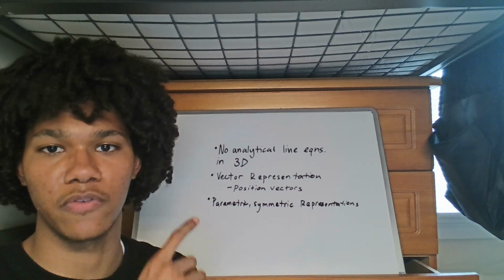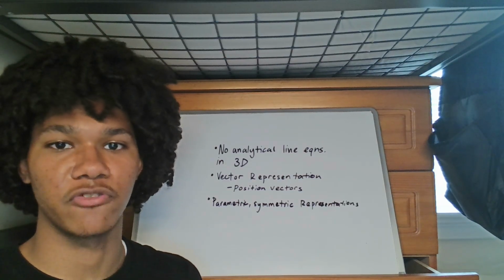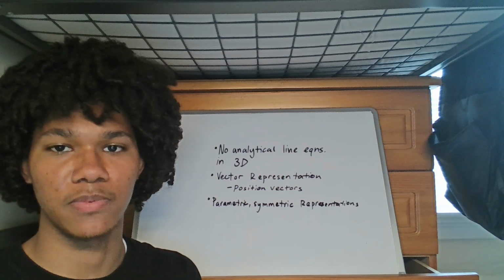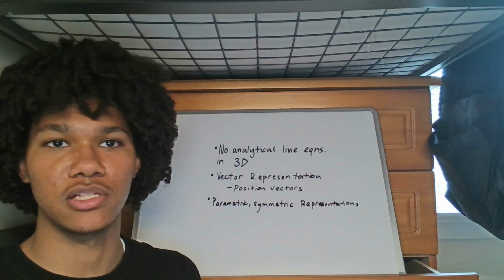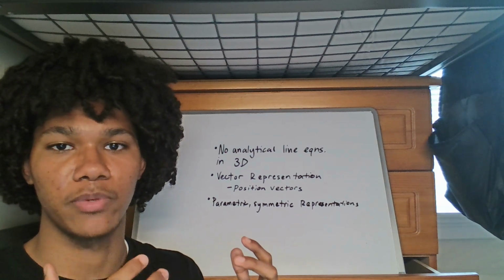To fix that problem, the first thing we explored was vector representation. In vector representation, we introduced an important concept called position vectors. Essentially these position vectors are vectors that represent points in space.